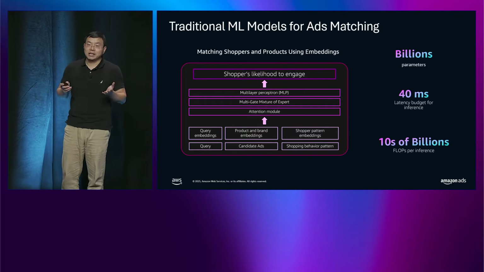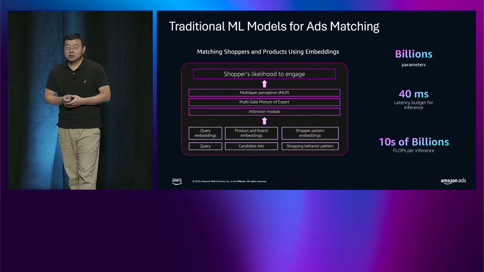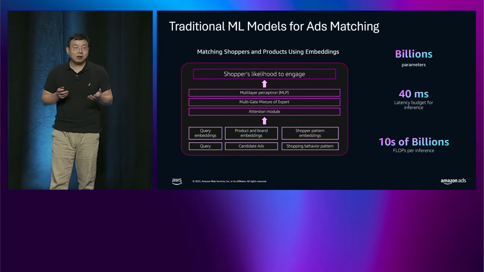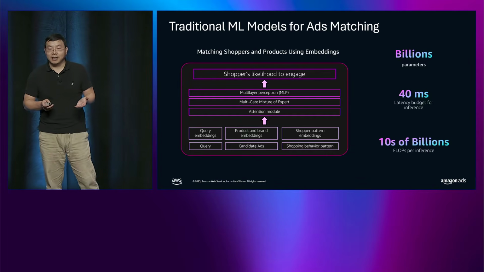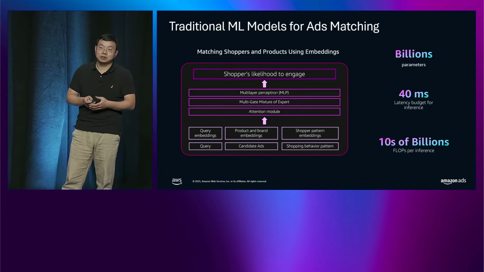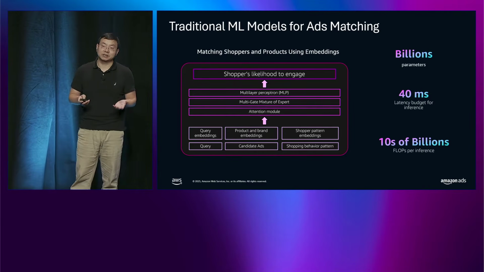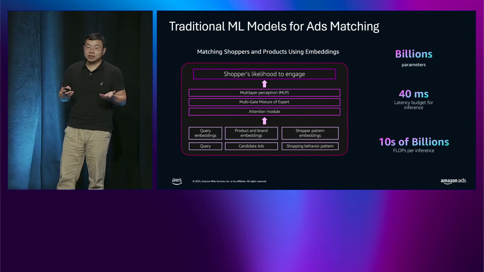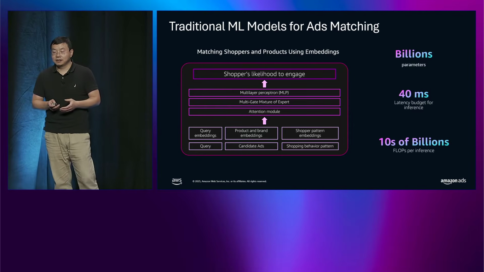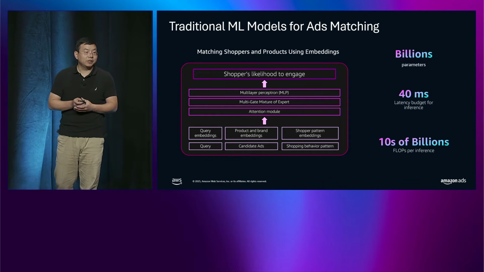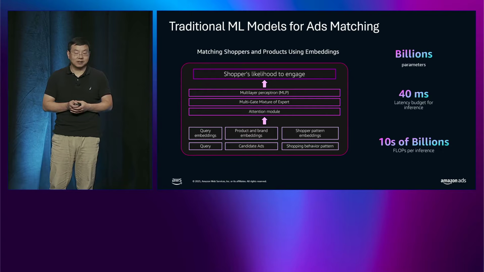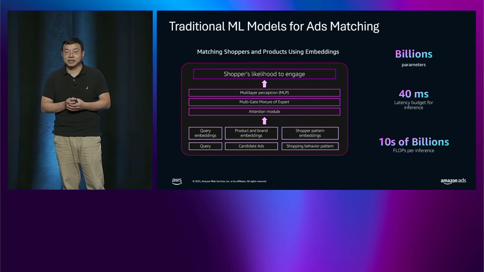Now let's zoom in even further to the models, how they typically look and how they match an ad to a particular shopper. The model oftentimes takes multiple inputs, including the query, the search context, and the product features of the candidate ad. It can also include shopper signals.